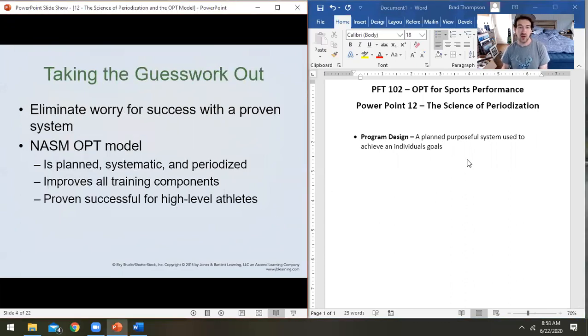So what's nice about it is when you're designing a program, you have to consider all the physiology that we've talked about in the past, where it's like, how do I target this energy system versus that energy system? And why do you want to target that energy system?